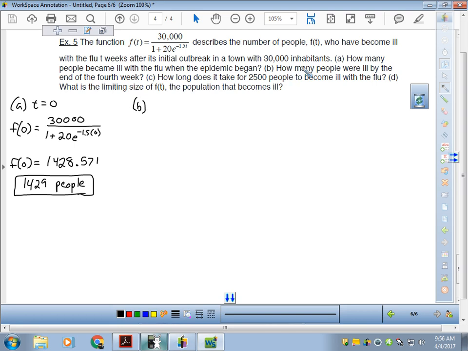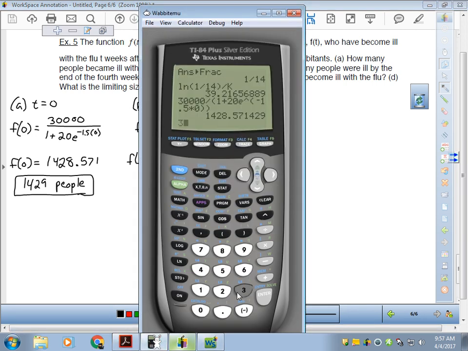Part B asks how many people were ill by the fourth week. So now we're looking at t equals 4. So f of 4 equals 30,000 over 1 plus 20 e to the negative 1.5 times 4. And then go to our calculator again. 30,000 divided by parentheses 1 plus 20 e to the negative 1.5, this time times 4.